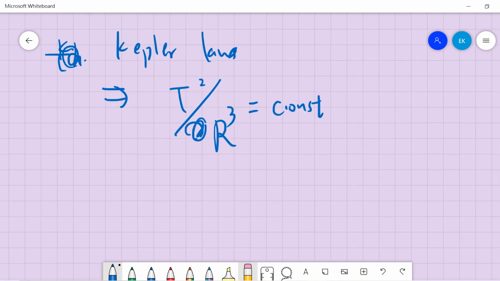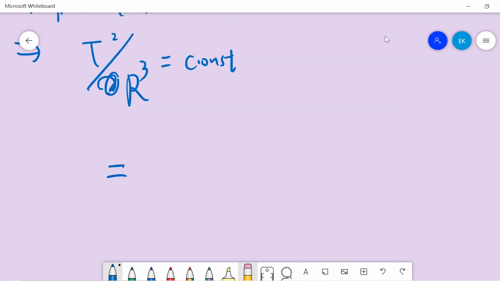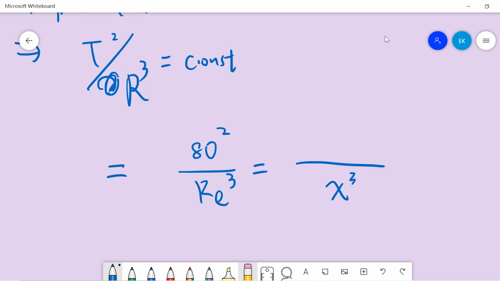So for the sea level one, your T is 80 minutes over Re cubed, which will equal something we don't know, but with the 24 hours. So 24 hours is 24 times 60 minutes squared. Okay, so we can solve it.